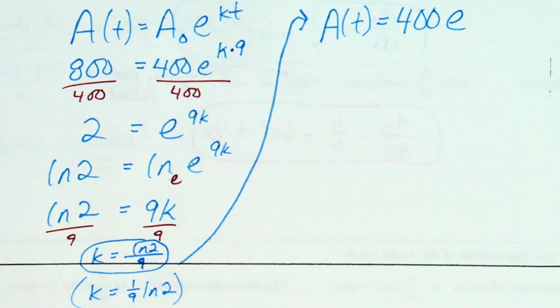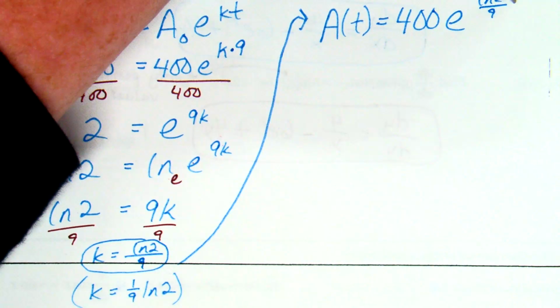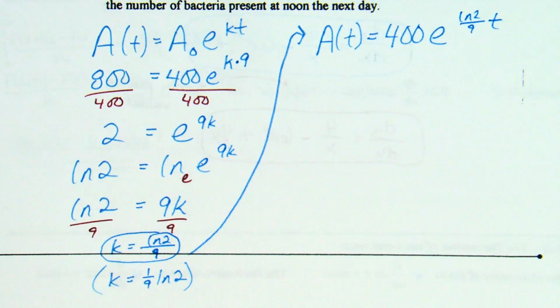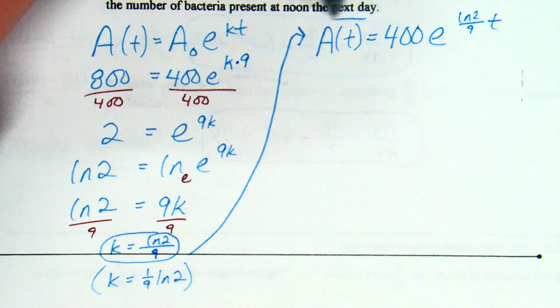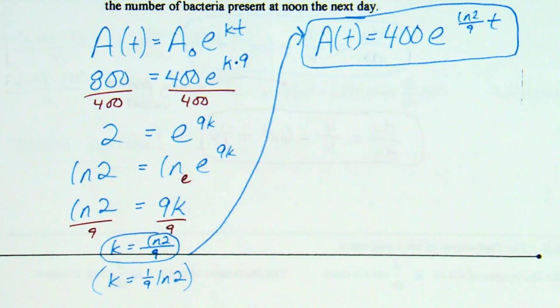Well, my K is natural log of 2 divided by 9, and then times T. And this is where it might be a little bit better to say 1/9 natural log of 2 times T. I didn't know if we put 24 instead of T since it's been already. No, because right now I'm just writing a generic equation that I can fill in for any time. Oh, okay. So this right here answers the part of find an equation that describes the number of bacteria as a function of time T when T is measured in hours.